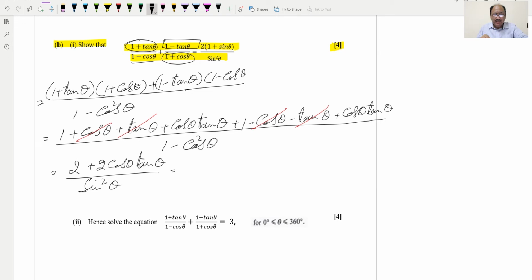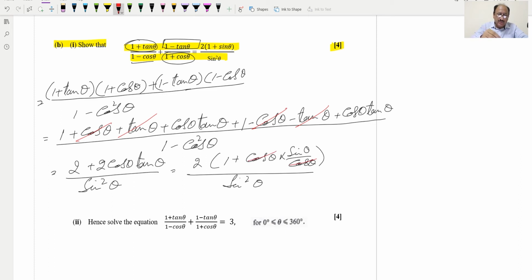Now we can take 2 common, and inside will be from numerator, 1 plus cos theta, and tan theta we can write sine theta over cos theta, and divided by sine square theta, and further we can cancel this cos theta by cos theta, and we will get 2 into 1 plus sine theta over sine square theta, which is right hand side.